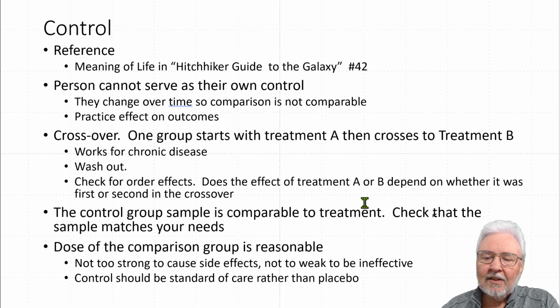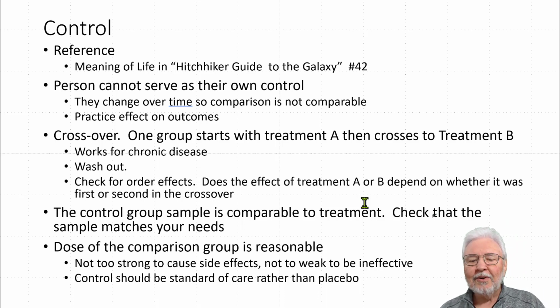Does the effect on the outcomes of treatment A or B depend on whether it was either first or second in the order? So if you start with A and the effect of B depends on whether it was A, or the difference between A or B depends on which one was first, that's bad. And you have to check that they checked that.